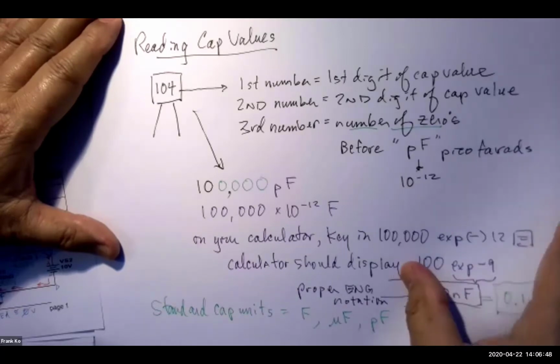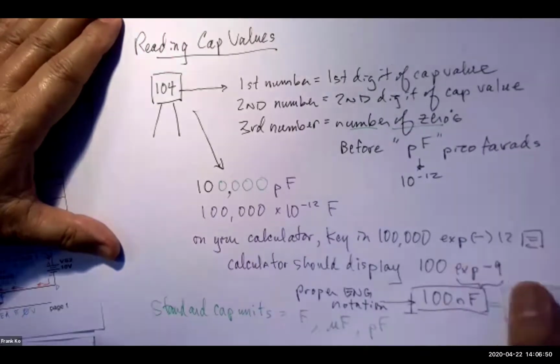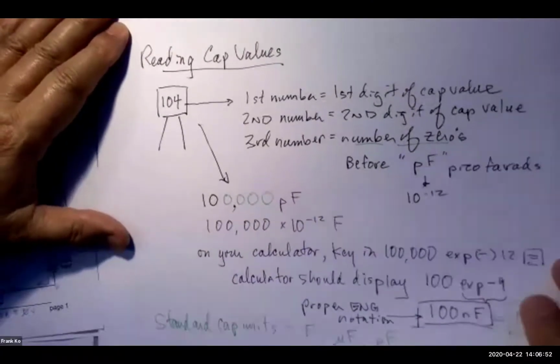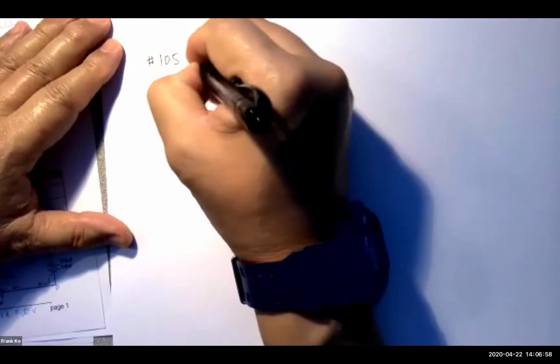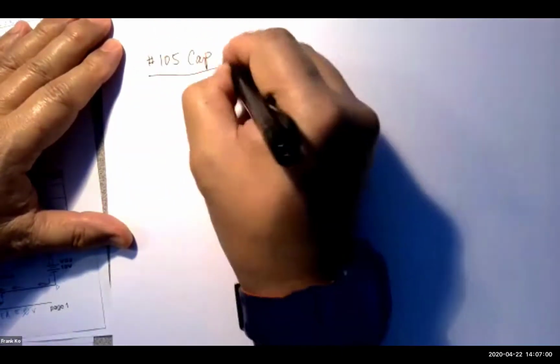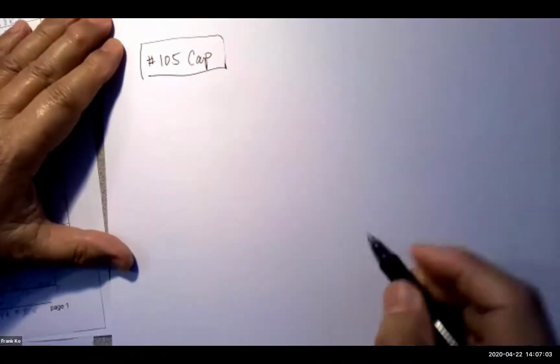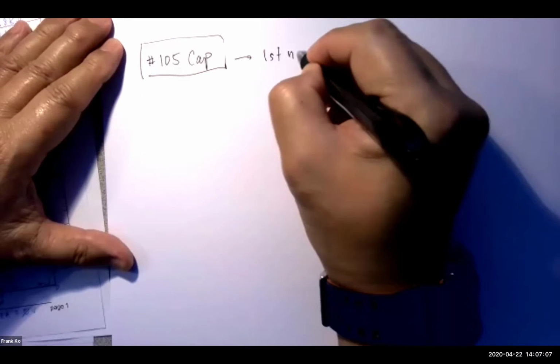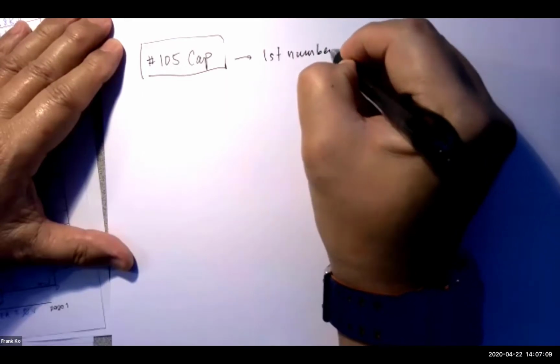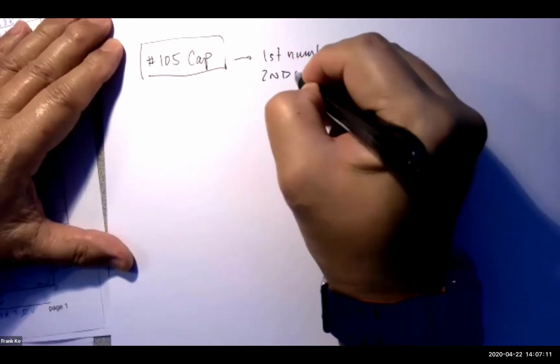Now, let's go back and take a look at the example that was shown in the book. The example shown in the book was a number 105. So a number 105 cap. How do we play with this particular one? What is the first number? What is the second number?